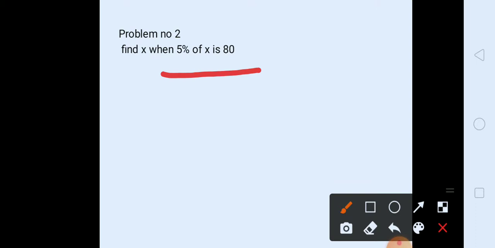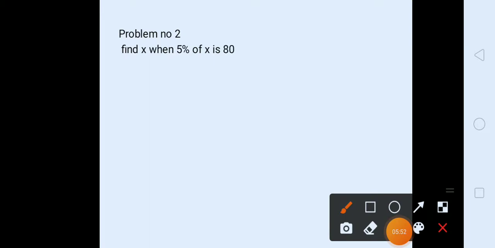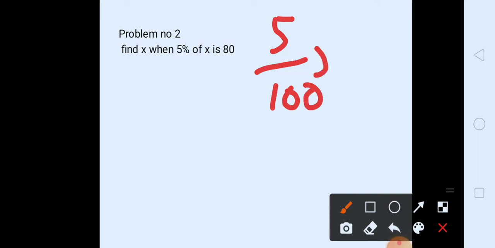So 5% of x, solution, students, I am writing. 5 divided by 100, x is equal to 80.